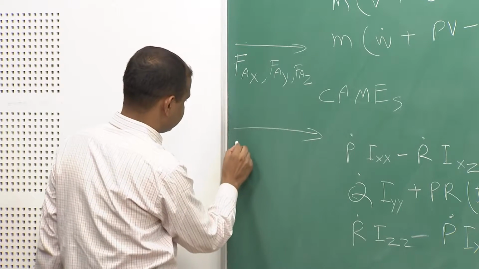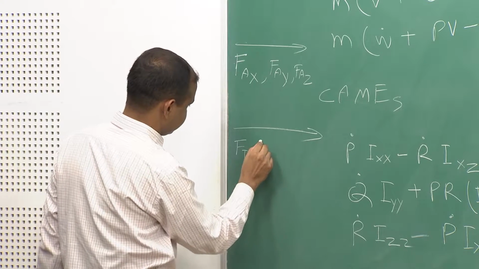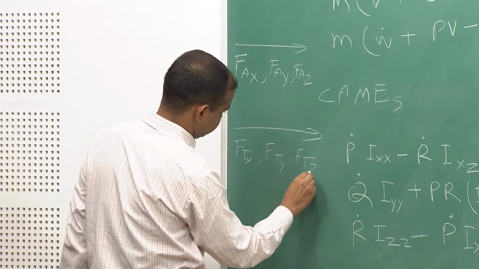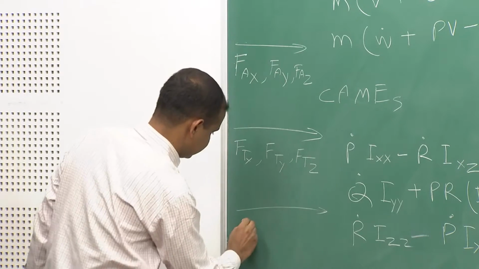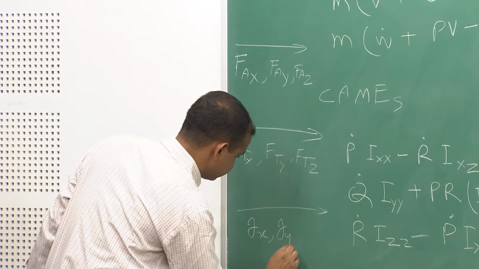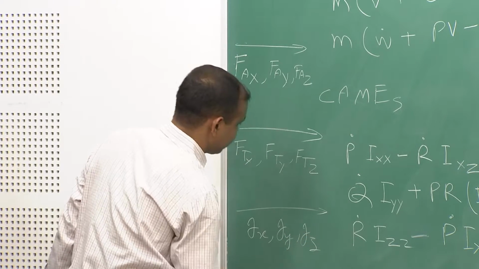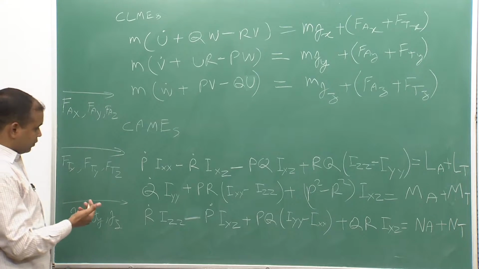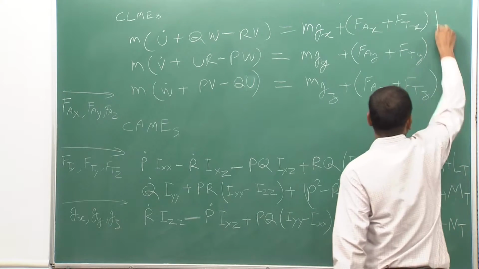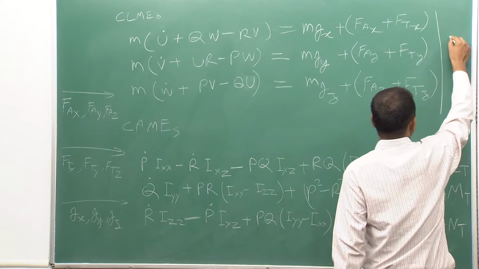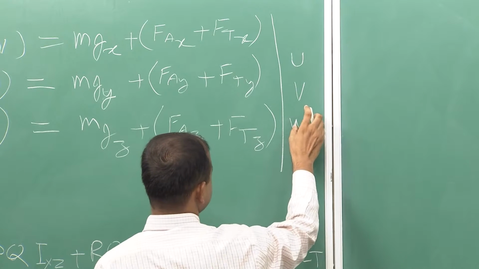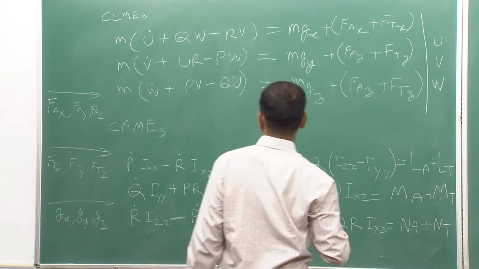We know the thrust forces, and we know all the gravity components, and we have the initial condition of the aircraft. Then using this set of equations, we can find the three velocity components u, v, w. The solution of these equations will give us the three velocity components u, v, and w.